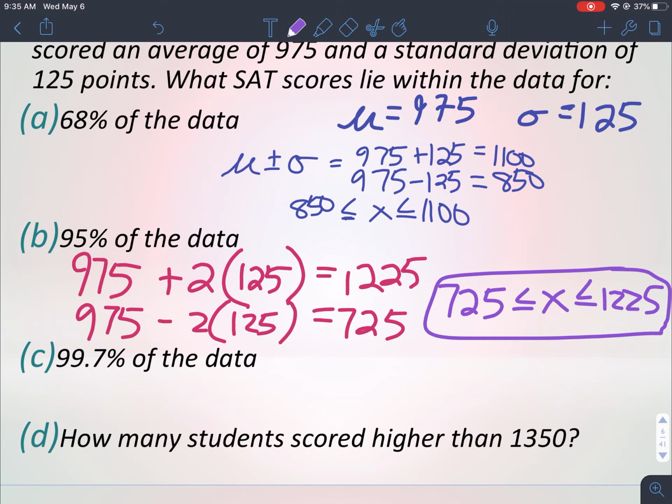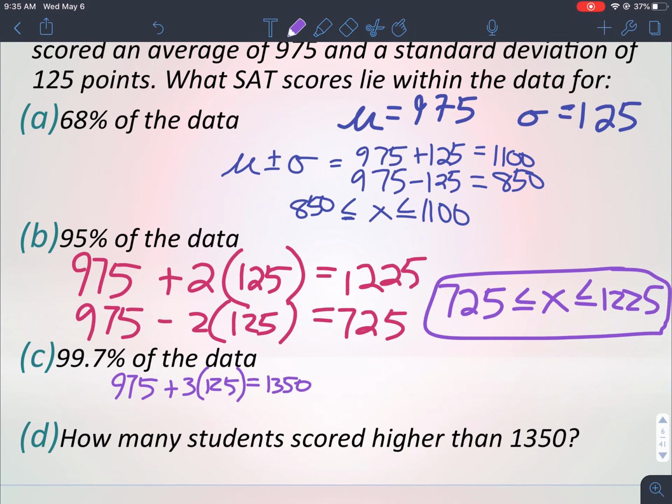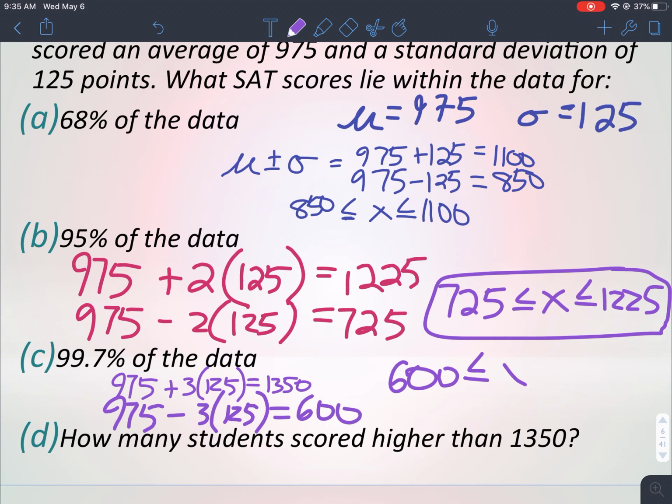For 99.7, I'm going to change this to a 3. So 99.7% of all SAT scores should be between 600 and 1350.